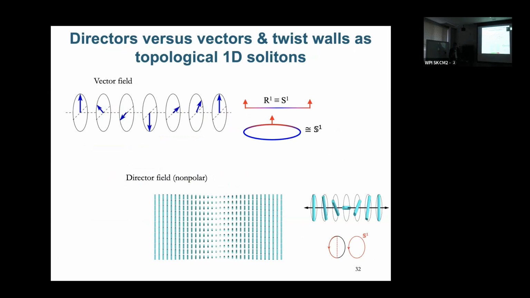So we can have such solitonic walls in unit vector fields or unit director fields. For unit vector fields, in order to get back to the same far-field background, we need to have at least 360 degree rotation.